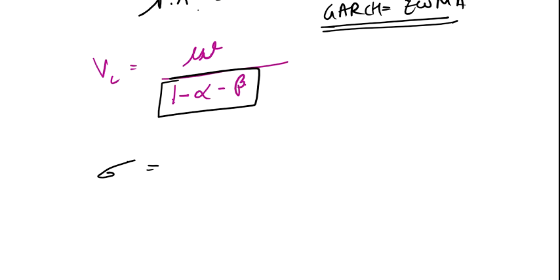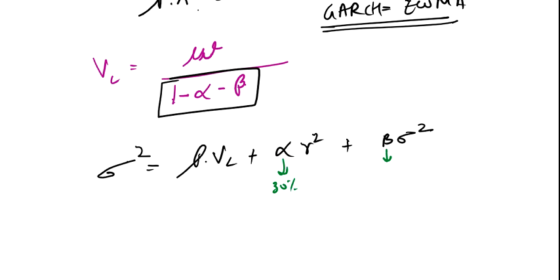If I write the equation like this, sigma squared is equal to gamma VL plus alpha r squared plus beta sigma squared. Clear? Now if my alpha is 30%, and my beta is say 80%. Clear? So what is the weight of gamma?